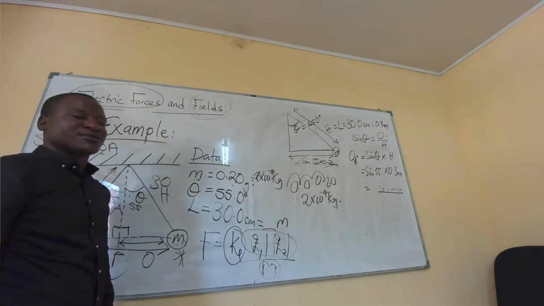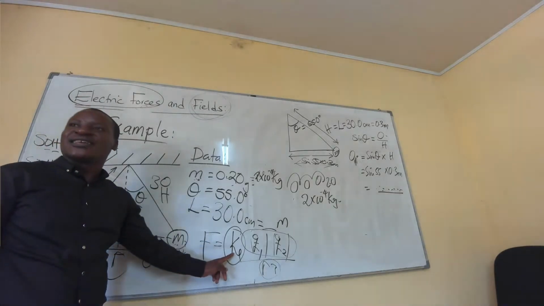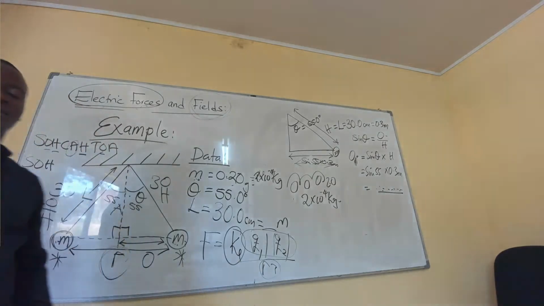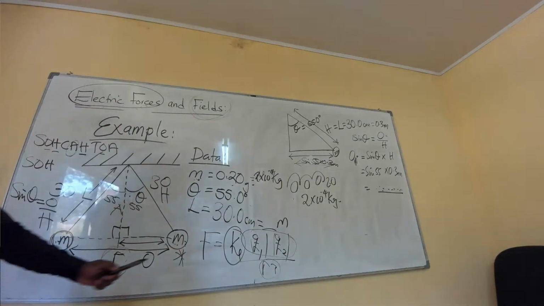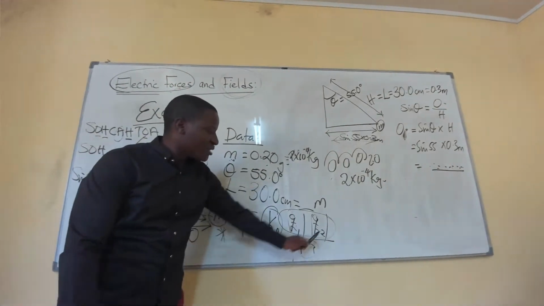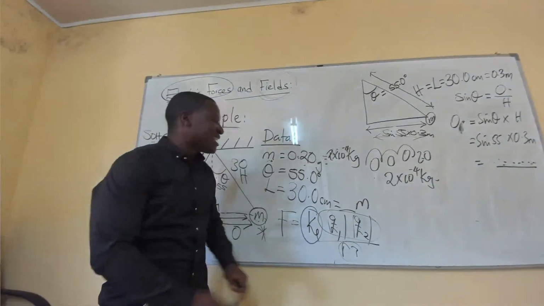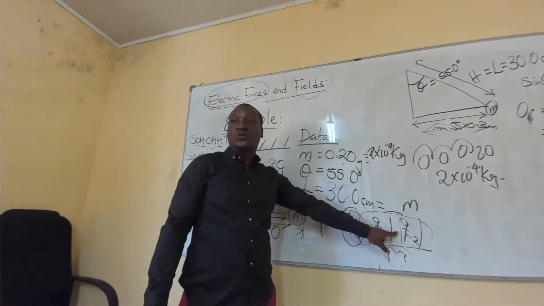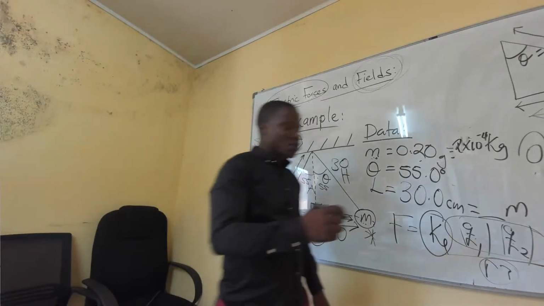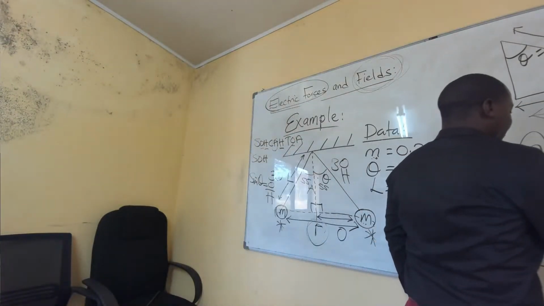It's always put on the cover page, the constant of proportionality in Coulomb's Law. So from here, you make Q1 Q2 the subject of the formula, and then you divide this by 2. What you get is that Q should be equal to 7.2.